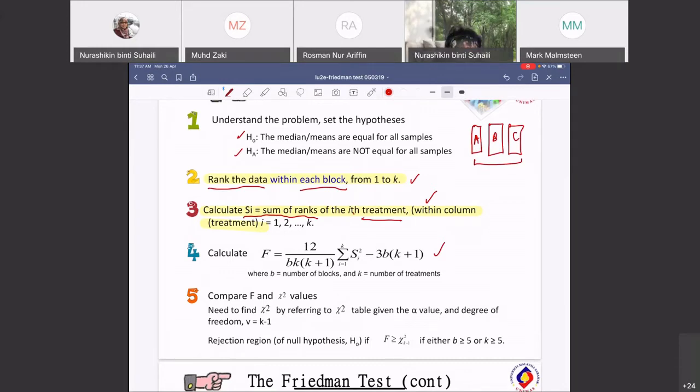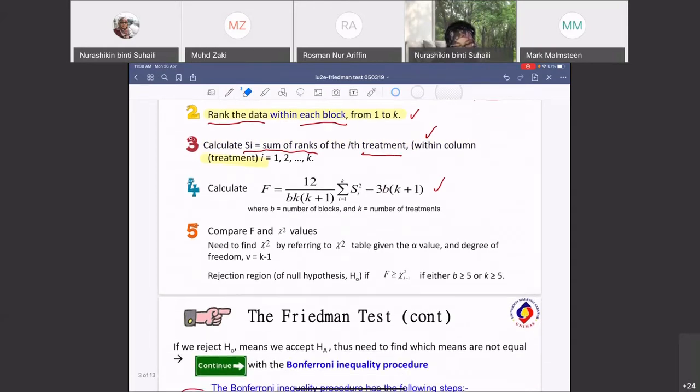B is the number of blocks. K is the number of treatments. And you have another term over here, B and K. Si is the sum of the ranks. So those B and K are terms that you need to plug in correctly.